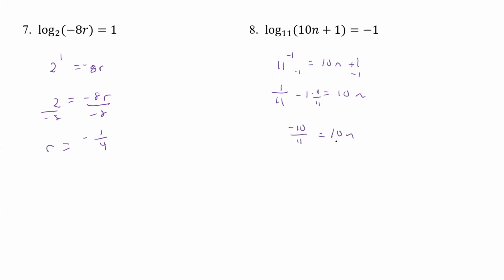Now, instead of dividing by 10, I'm going to multiply by 1/10, just because that's going to be easier when I have fractions. And so then I see that 10 cancels that 10, so I have a negative 1 over 11 equals n. And so that's all I have for this section. Hopefully that will help you.